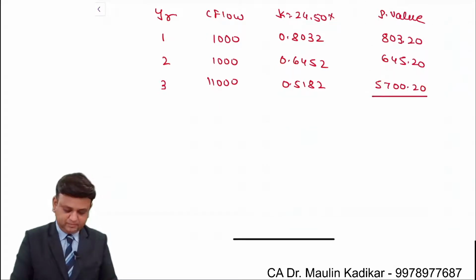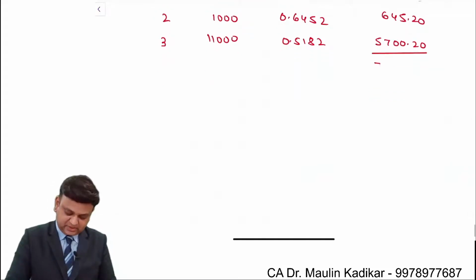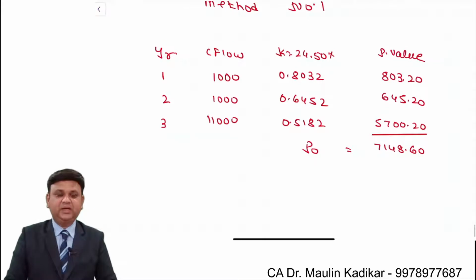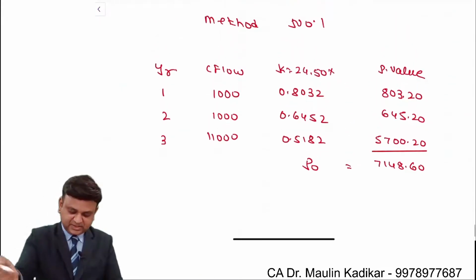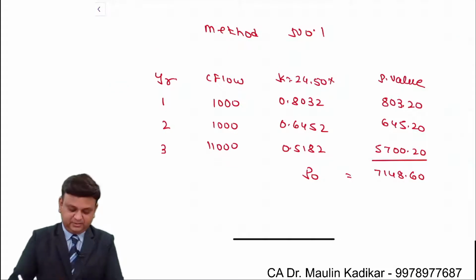Total: 803.2 plus 645.2 plus 5700.2, that is 7148.6. This is the way P0 can be calculated. This is method number 1, the normal one.